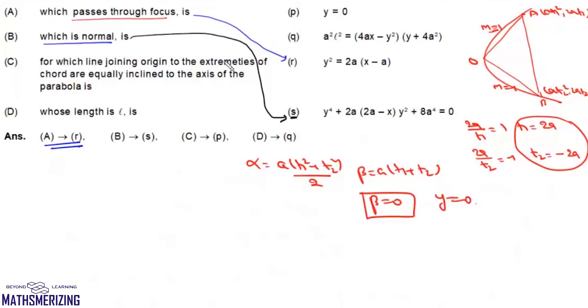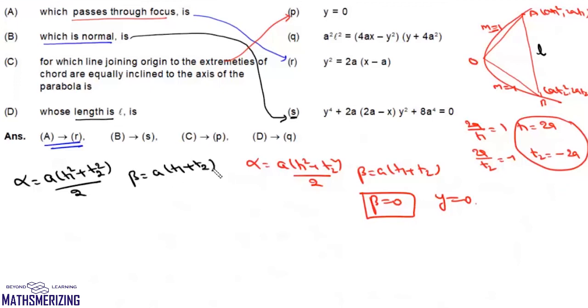and that's your option number B. Now the fourth one is, we need to find the locus of the midpoint of the chord whose length is L. So again, we'll get alpha as a (t1 square plus t2 square) upon 2, and beta as a (t1 plus t2). Now from here, t1 square plus t2 square is 2 alpha upon a, and t1 plus t2 is beta upon a.